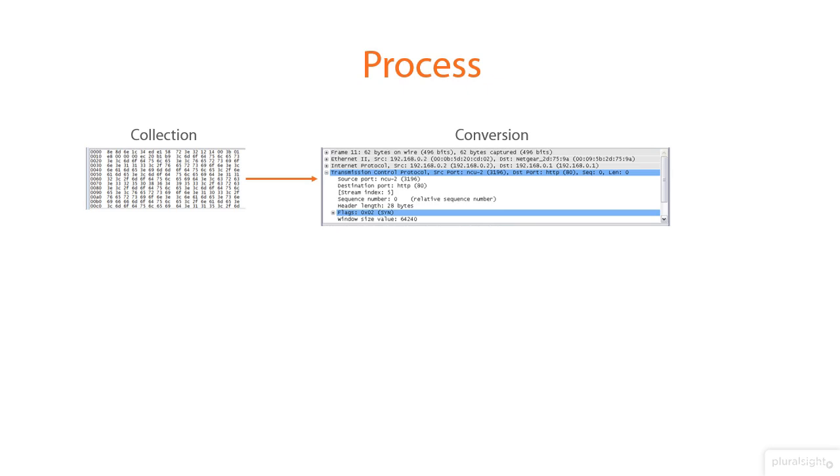In this step, the captured binary data is converted into a readable form. At this point, the network data is in a form that can be interpreted only on a very basic level, leaving the majority of the analysis to the end user.